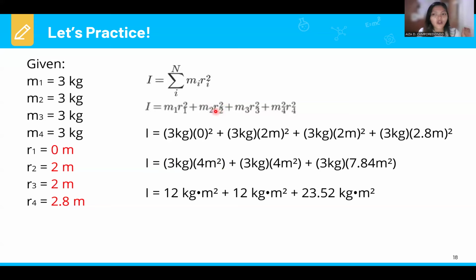Of course, the next thing we need to do is substitute the given values into this formula. You have noticed right here that this is 0. Since 0 multiplied by any other number is still 0, we're going to exclude that one out of the solution.